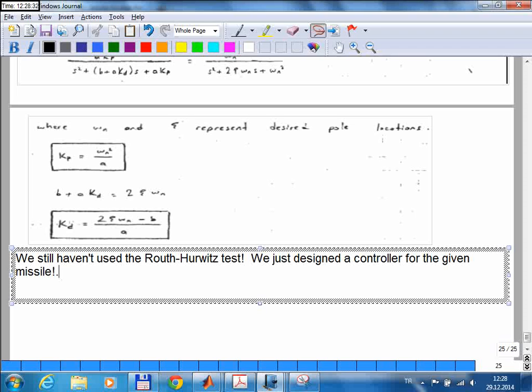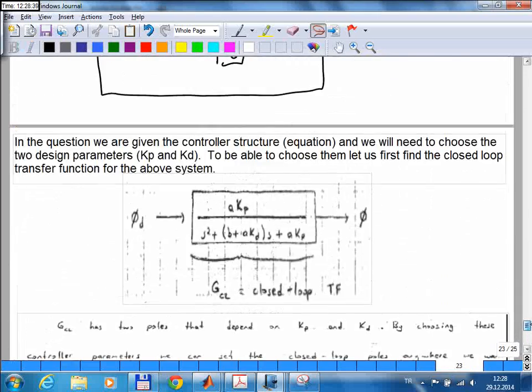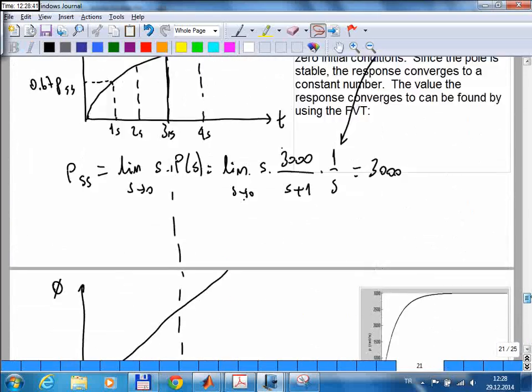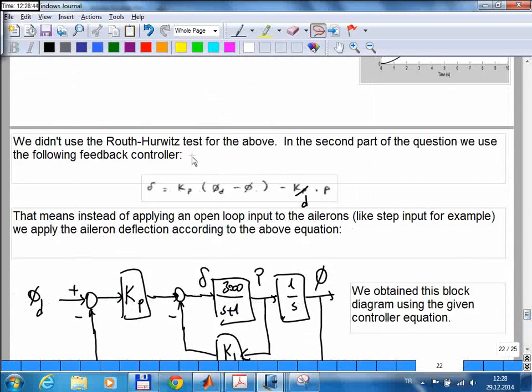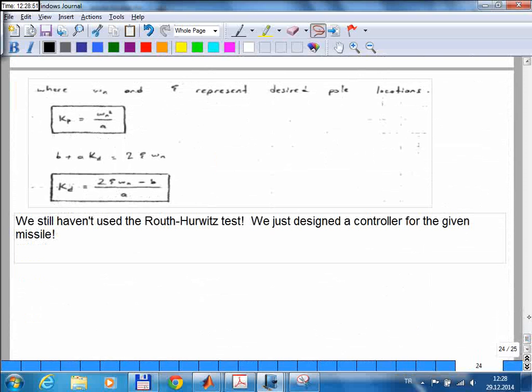Normally the controls engineer has to decide on the structure himself, but since we don't have any experience in that yet, I told you to use this controller structure. After forming the closed loop system, it turns out that if I choose the Kp and Kd parameters using these two equations, then the natural frequency and damping ratio of the system will be given by these numbers.